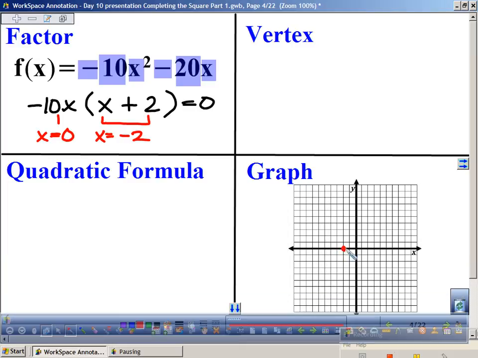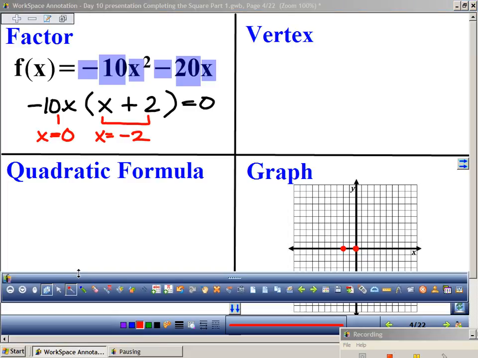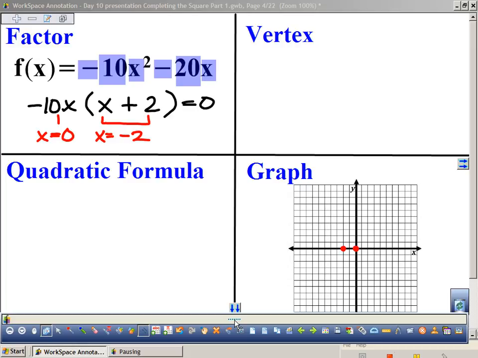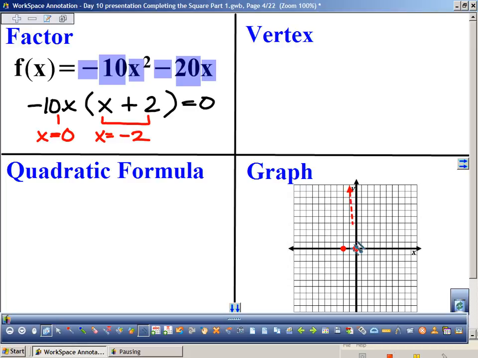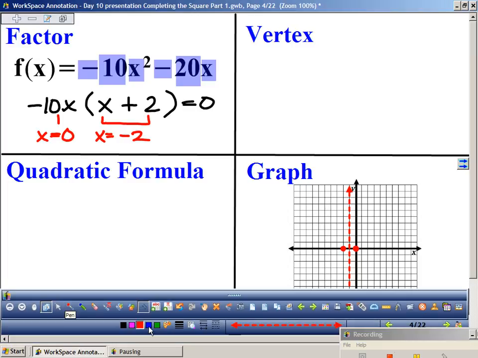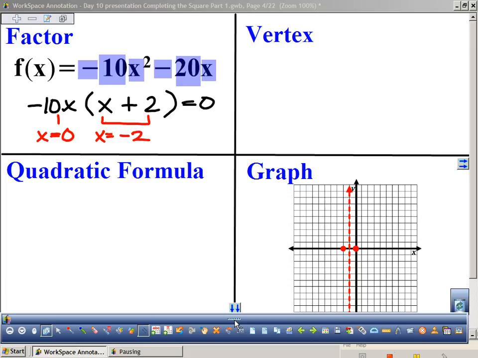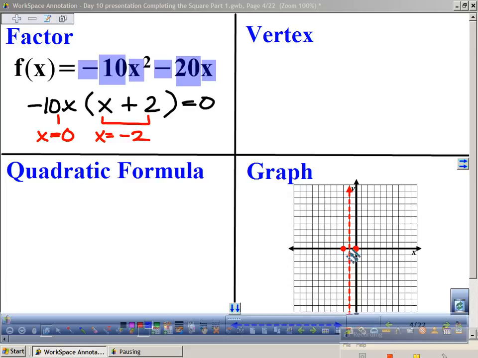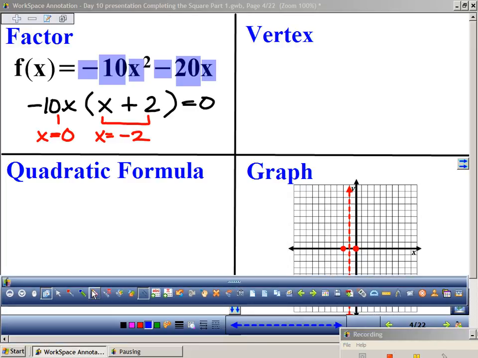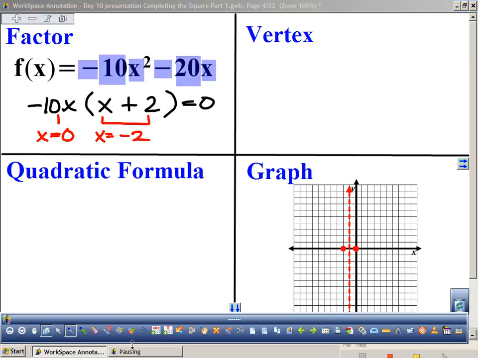I've got -2 and 0. Well, we learned what the axis of symmetry is from that. It's right in the middle of it. Remember our direct relationship between the distance here? What did we say about the distance there? That we square it and it gives you the vertex, right?